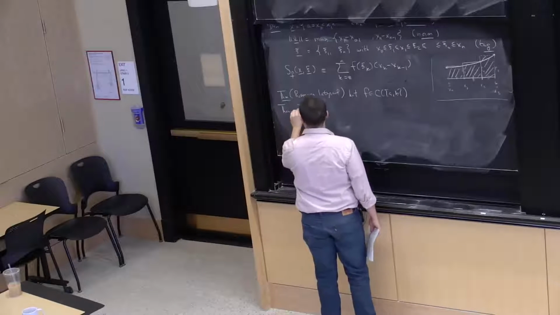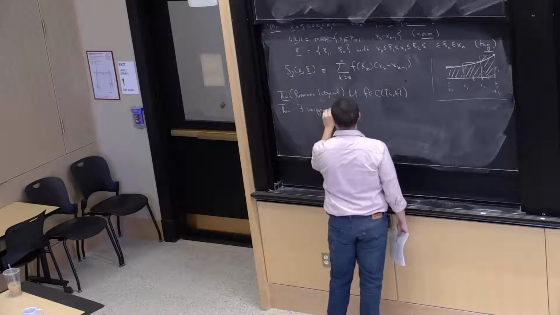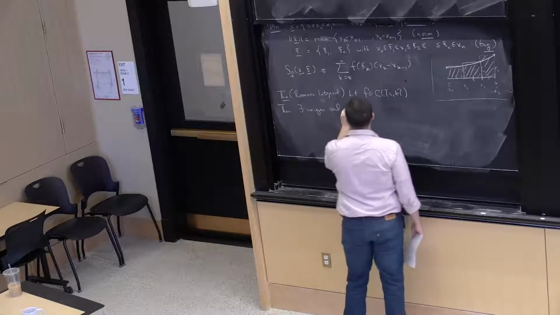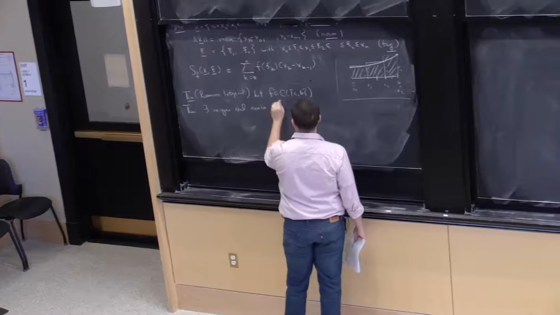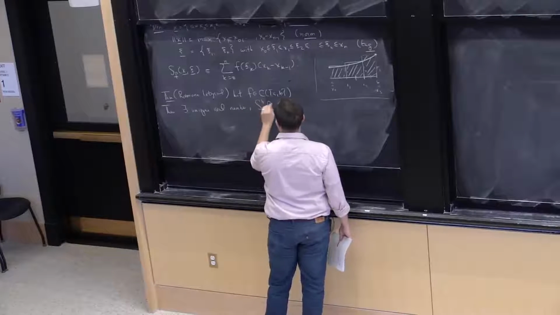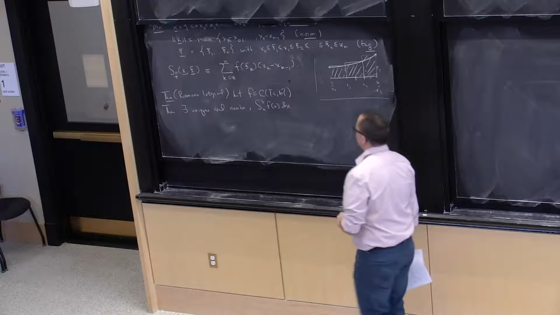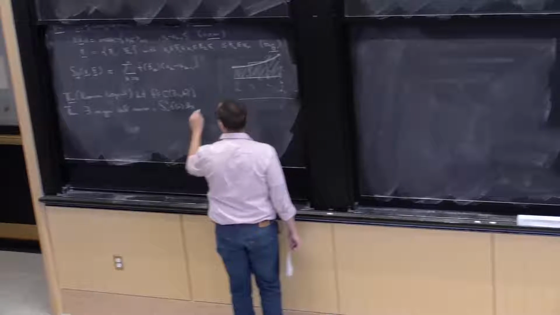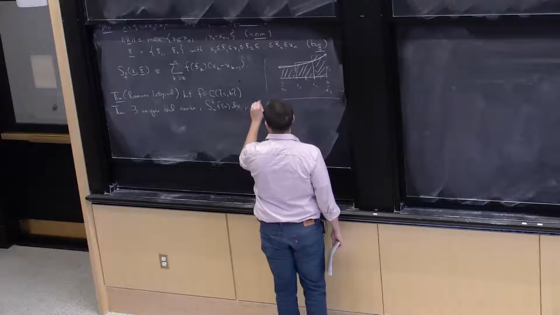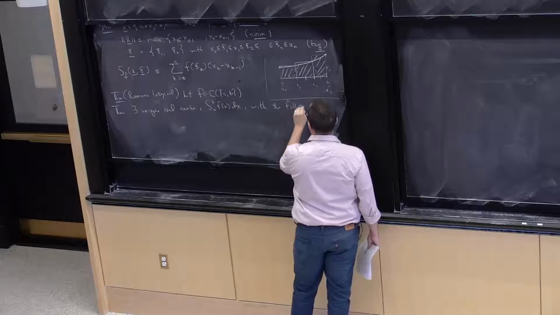Then there exists a unique real number, which we denote by the usual symbol, integral from a to b of f(x) dx, with the following property.